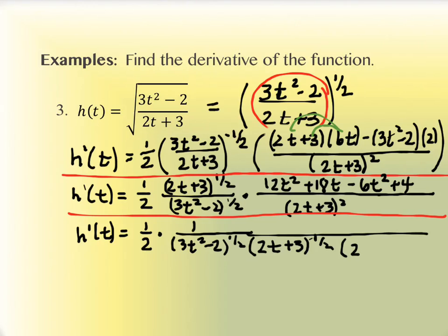And then I also have this 2t plus 3 to the power of 2 that's down there from the other fraction over here. And then my numerator is 6t squared, very good, plus 18t, and then plus 4, right, Ben?